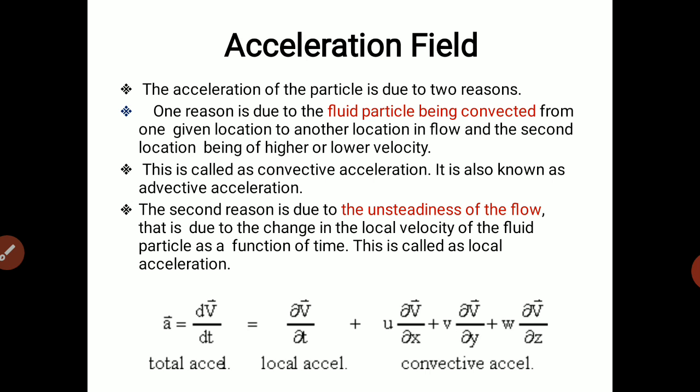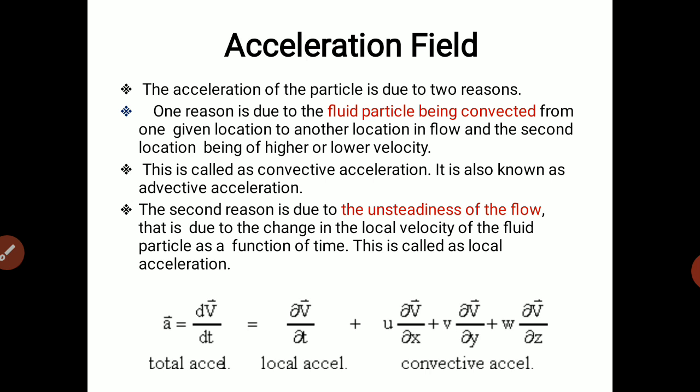If there is a steep slope, then the fluid particle will run very easily, and this is called the convective acceleration. It is also known as advective acceleration. The second reason is due to unsteadiness of flow, that is, due to change in the local velocity of the fluid particle as a function of time.